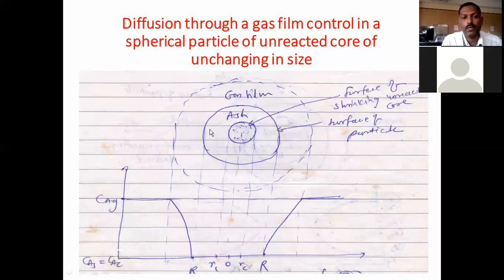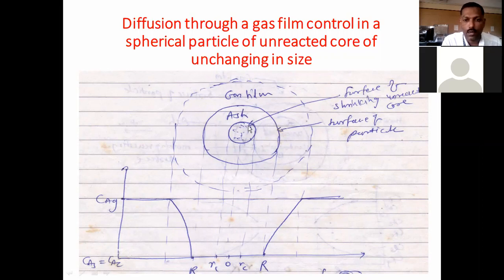When it reacts with the gas, a gas film is formed on the surface of the solid. I think we have already discussed this, the unreacted core model. Then, as time passes, the surface reacts with the gas and an ash layer is formed.